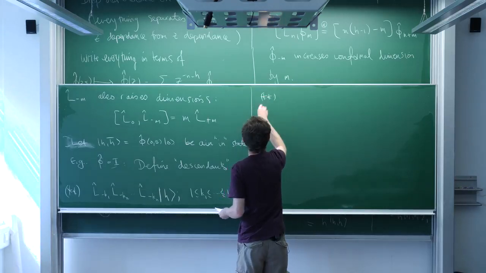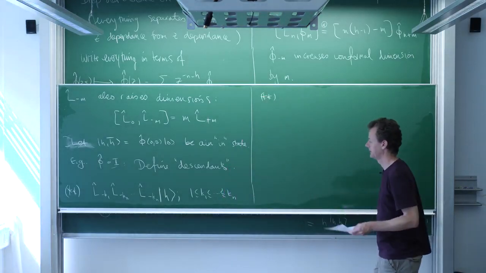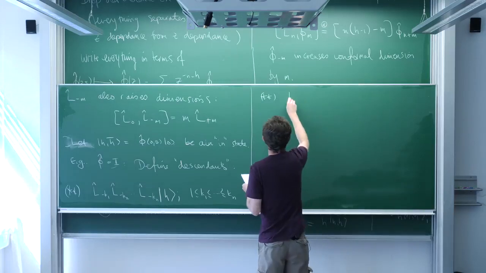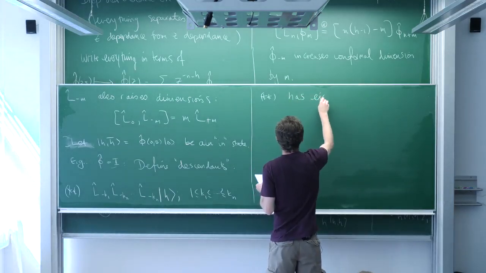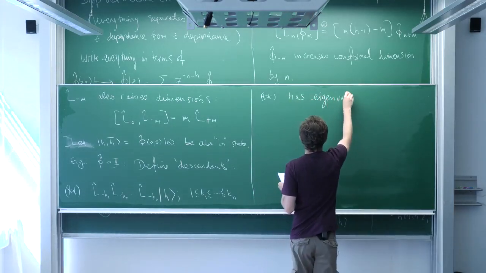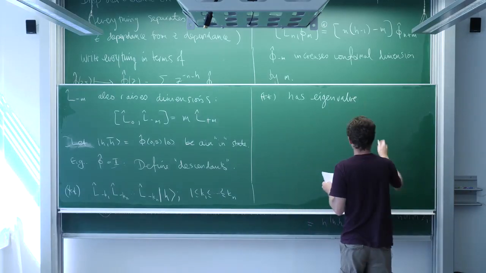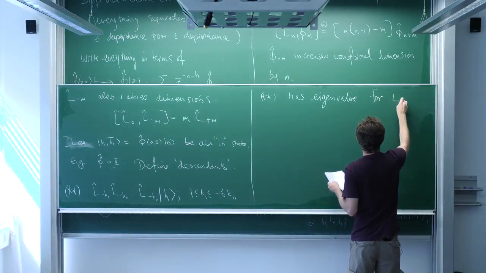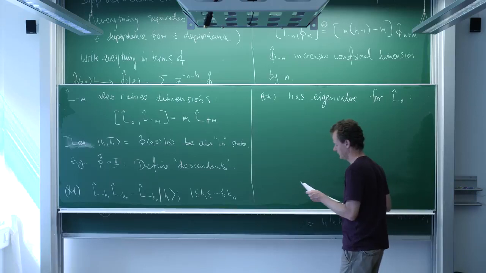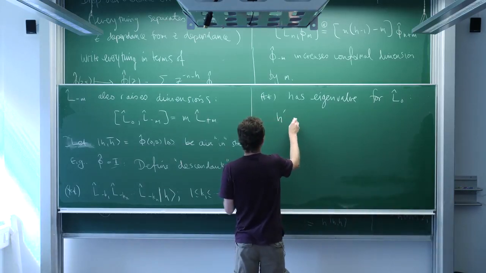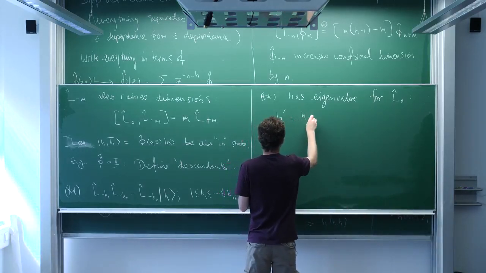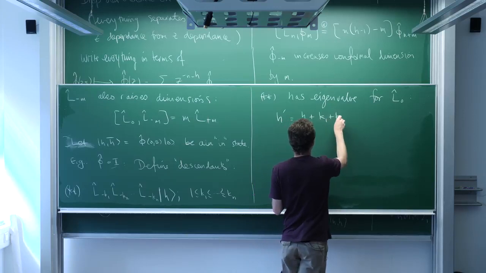So this descendant state there is an energy eigenvector for our Hamiltonian, just by using the commutation relations. And the eigenvalue is just h plus all these K's.